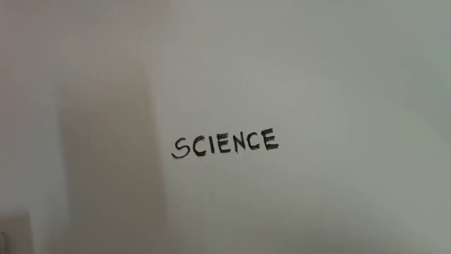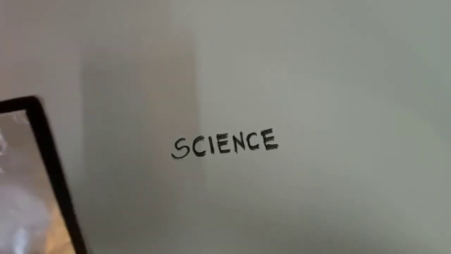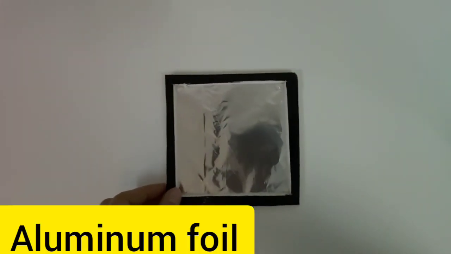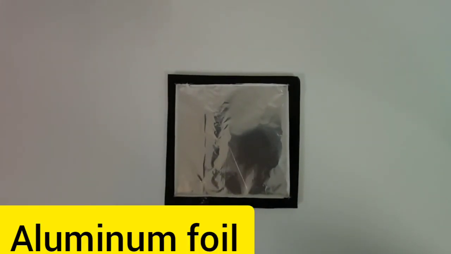Let's start with the aluminum foil. As you can see, when we place the aluminum foil on top of the word science, we cannot see the word science. Based on that, you have to tick on the test part of the aluminum foil whether it is transparent, translucent, or opaque.